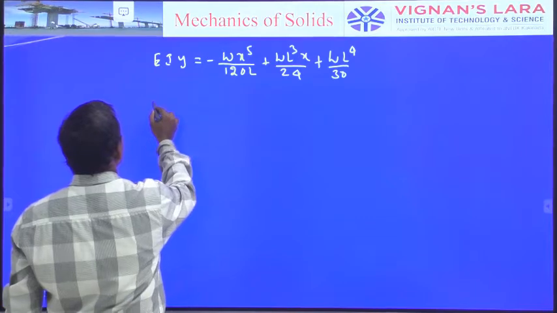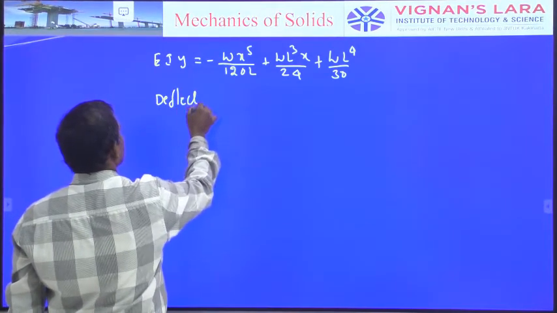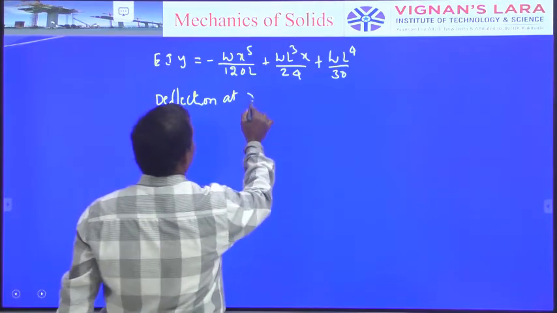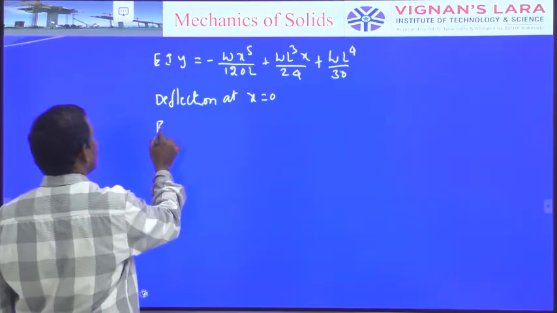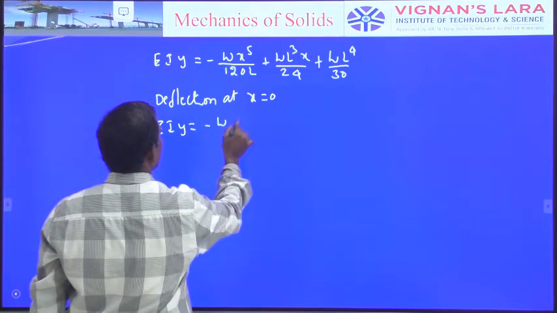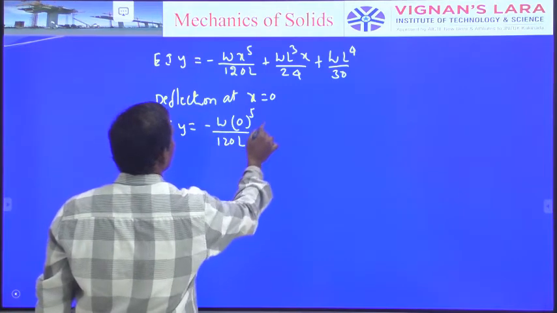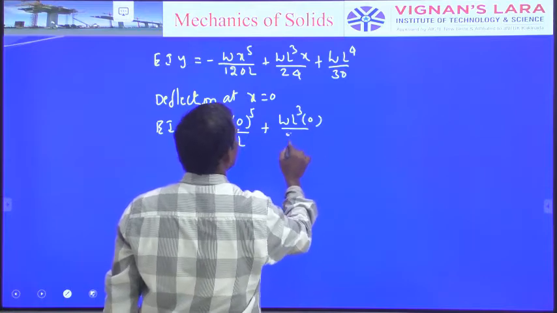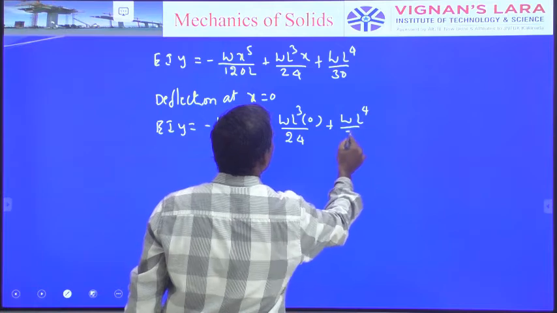So deflection at x is equal to 0. At x is equal to 0, EI into y is equal to minus W into 0 power 5 by 120 into L, plus WL cube into 0 by 24, plus WL power 4 by 30.